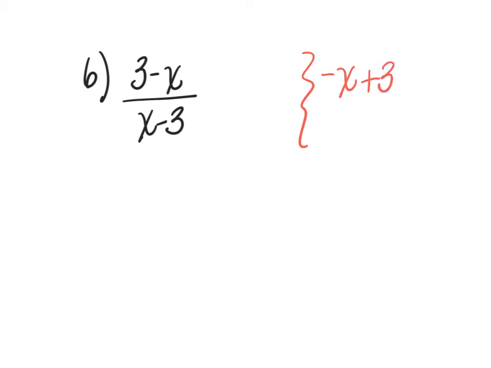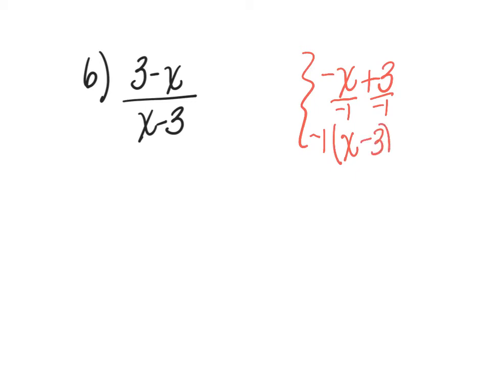But we don't really like having a negative in front of a first term if you're factoring. We always tell you to factor it out if it's in the first term. So if I take negative 1 and divide each term by negative 1, the negative divided by the negative in the first term leaves me with a positive x, and 3 divided by negative 1 is minus 3.